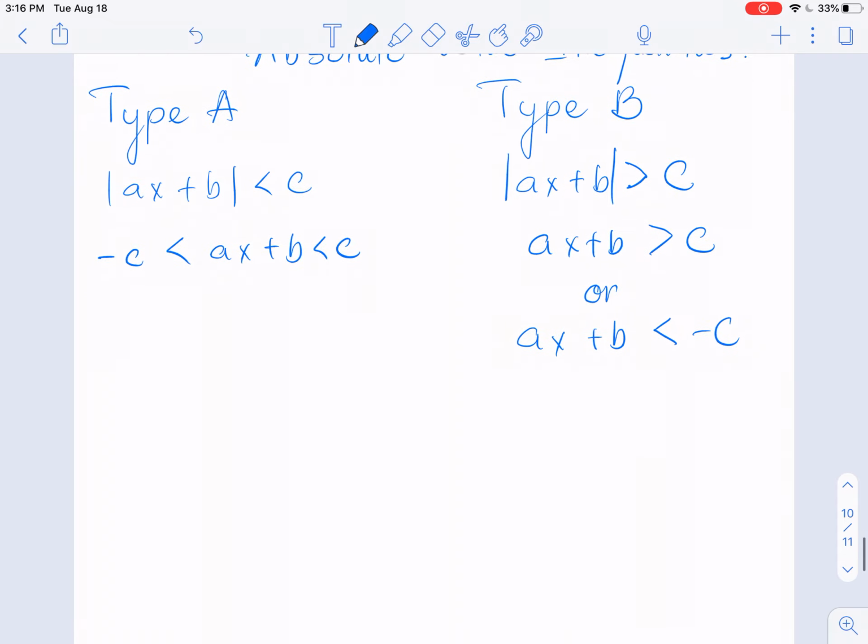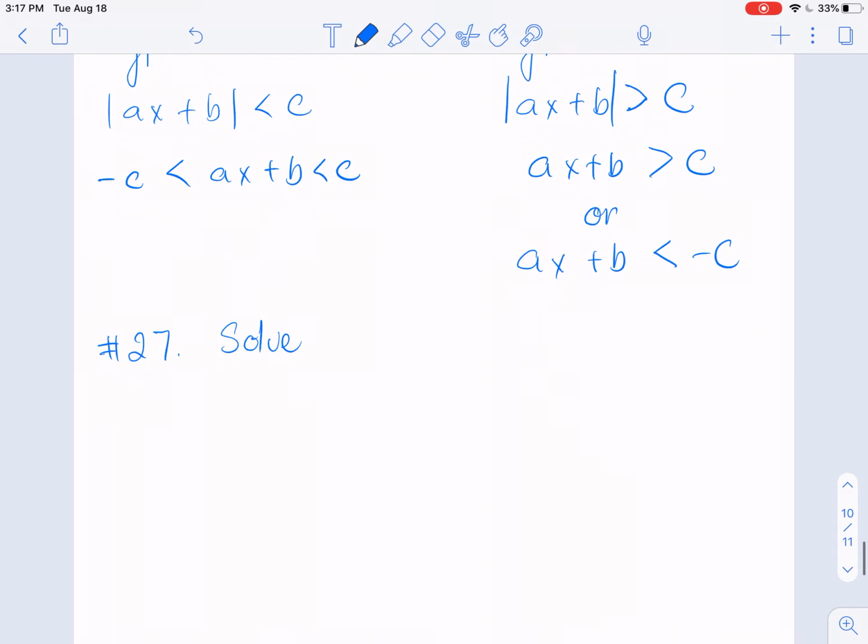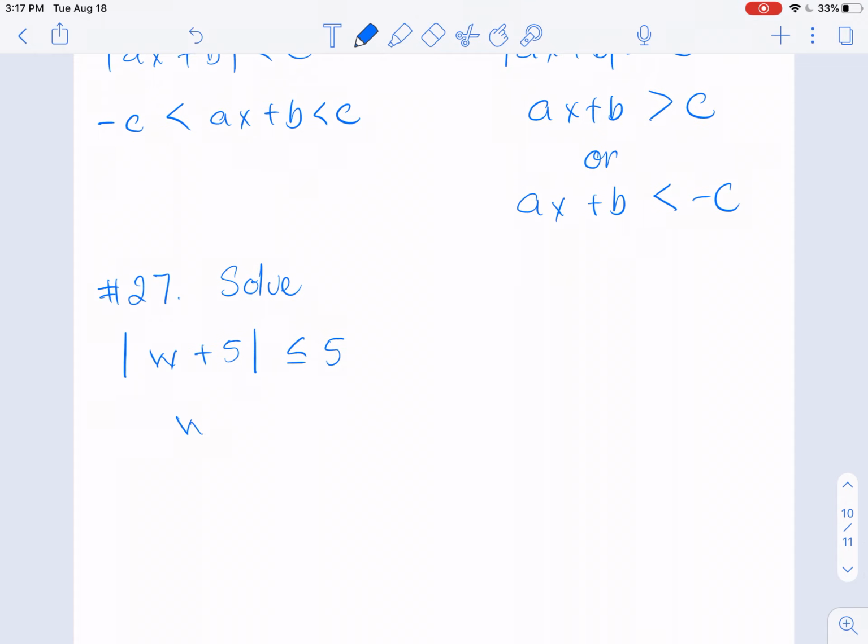Right? So let's take a look at number 27. For 27, I'm just going to solve it, not just graph it. We have the absolute value of w plus 5 less than or equal to 5. So I drop the absolute values.